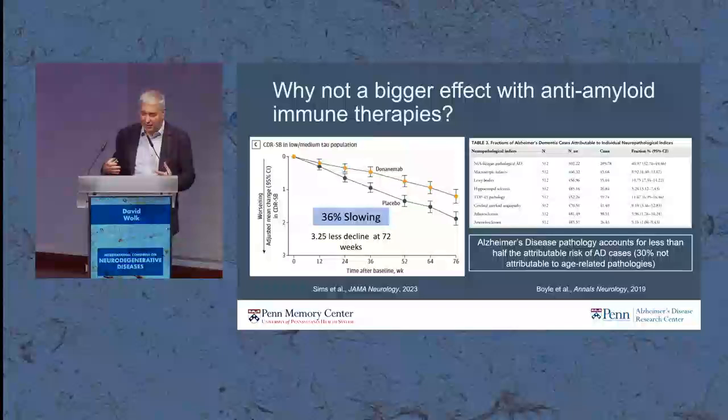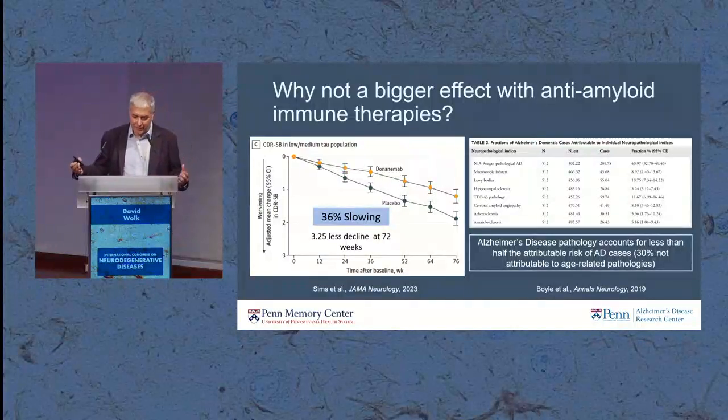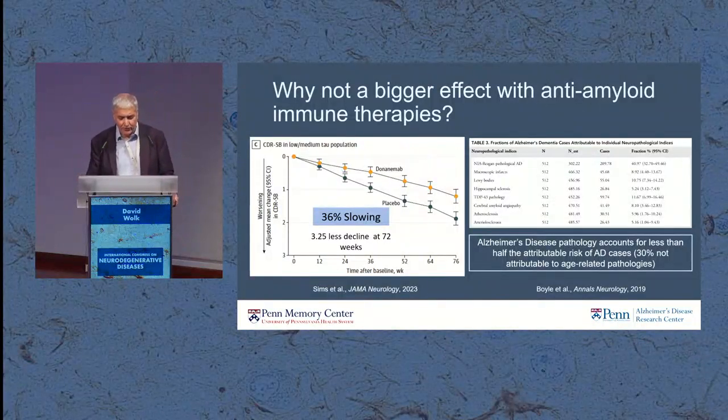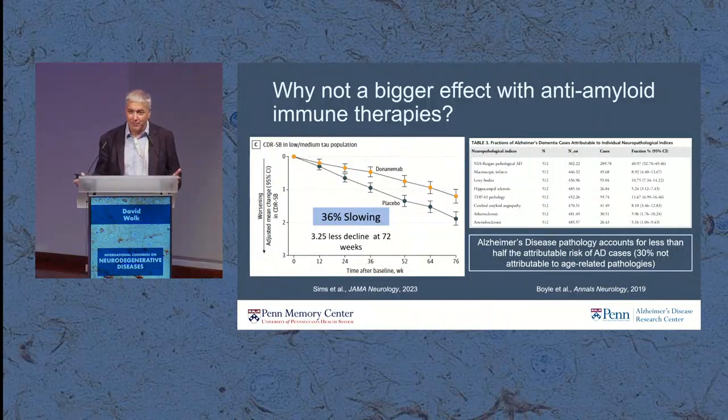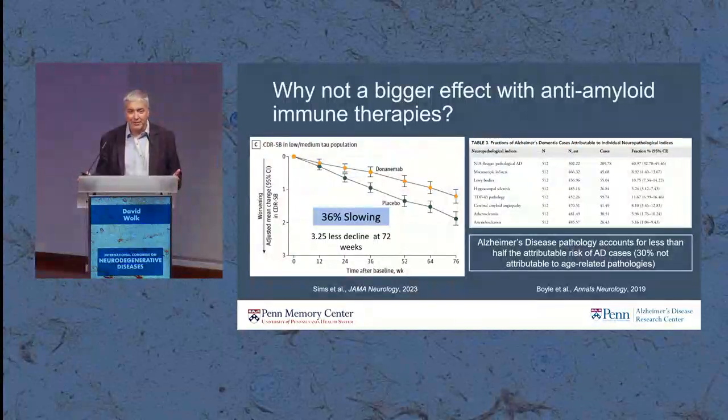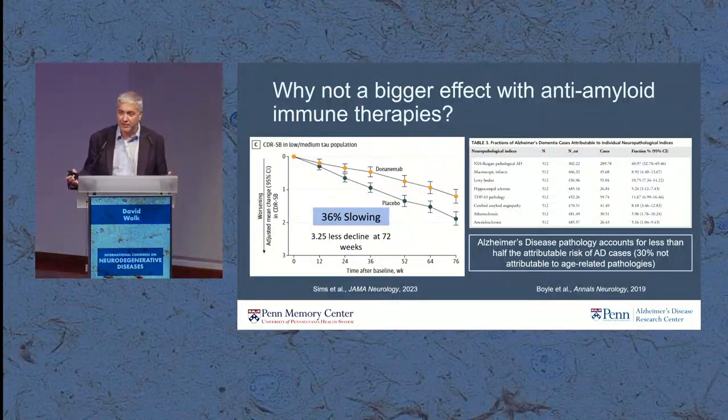This study used a kind of attributable risk of cognitive impairment or dementia. And basically, Alzheimer's plaques and tangles accounted for less than 50% of people's symptoms of dementia. And so Alzheimer's disease isn't the only driver, and actually other pathologies accounted for a significant additional proportion.